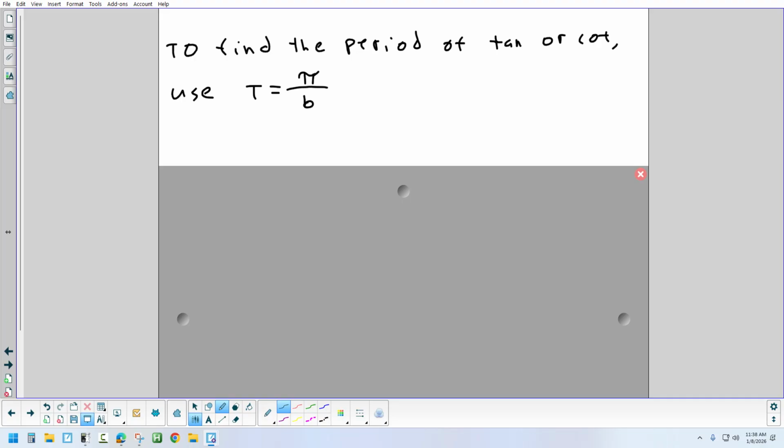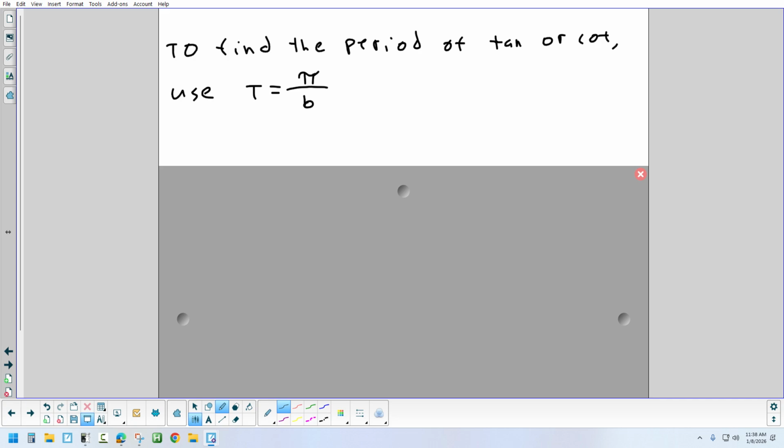Any question on the formula for the period of tangent or cotangent? Just remember, it's a pi over b. It's not a 2 pi over b. If you use 2 pi over b, you're going to get double the answer you want to.